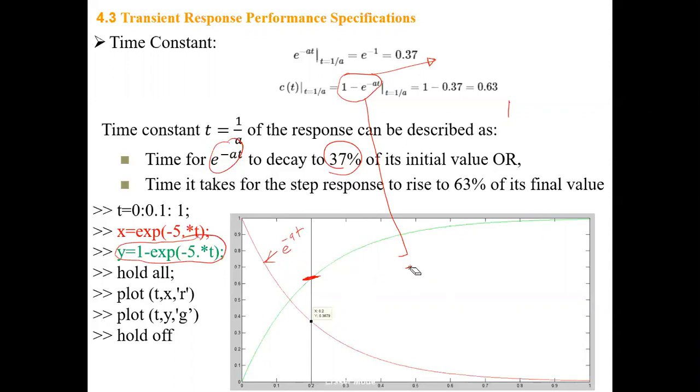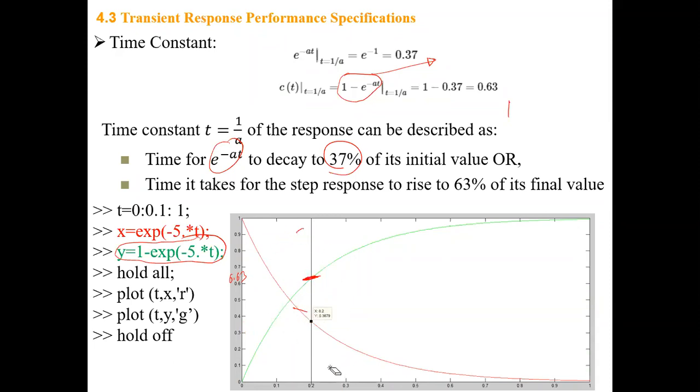What is the time to decay to 37%? For the red one, it decays, right? Or the time it takes for the green one, which is the total response, to rise to 63%. They are exactly the same time.